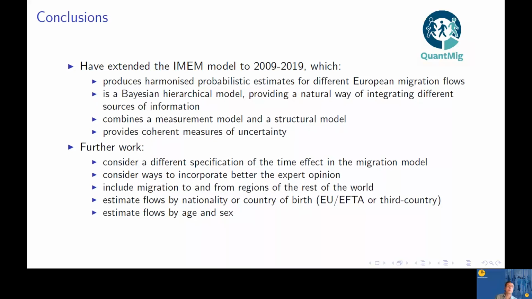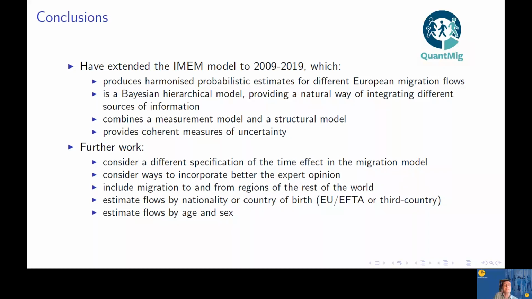So we would like to break down the flows. So for each flow between two EU EFTA countries, we know whether they are EU EFTA nationals or third country nationals. And that will be useful for policy making and to understand the way migrants move through Europe.